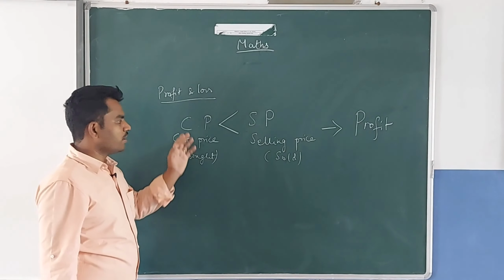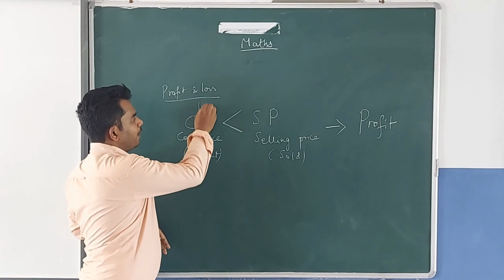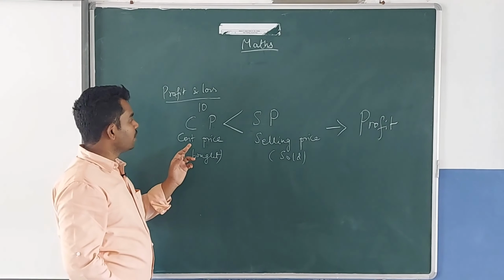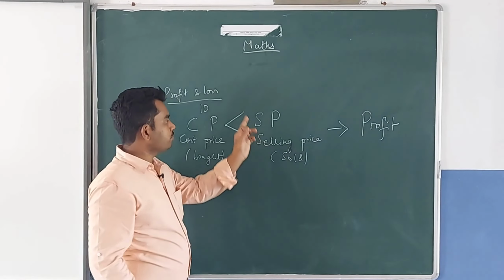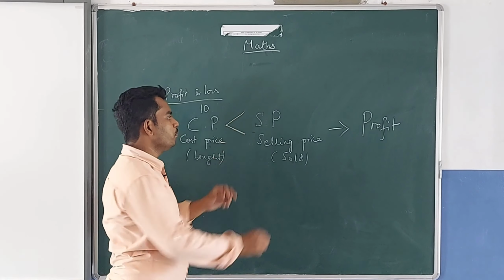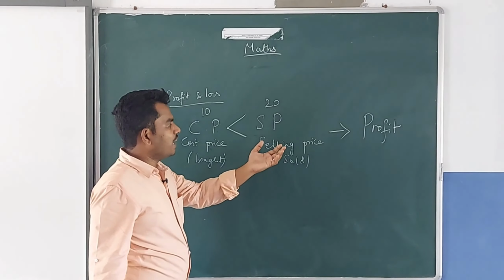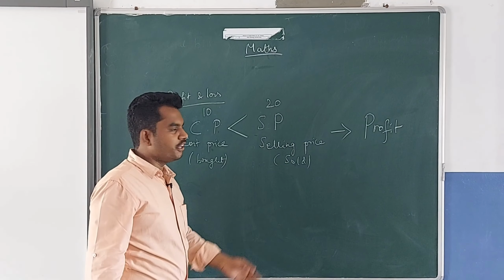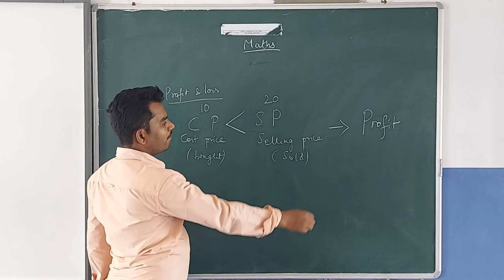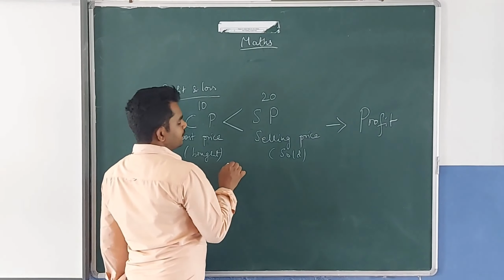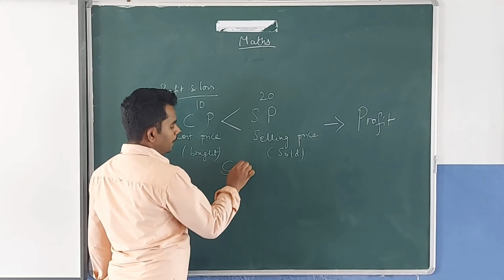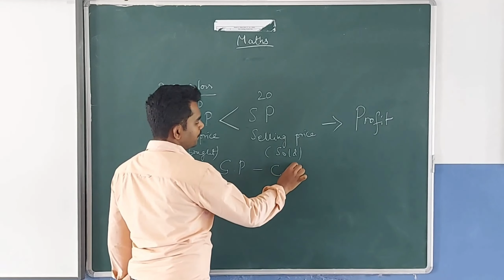For example, the cost of one apple is 10 rupees. The selling price of one apple is 20 rupees, means the resultant value is profit. Already you know. Okay, so the formula is what? SP minus CP.